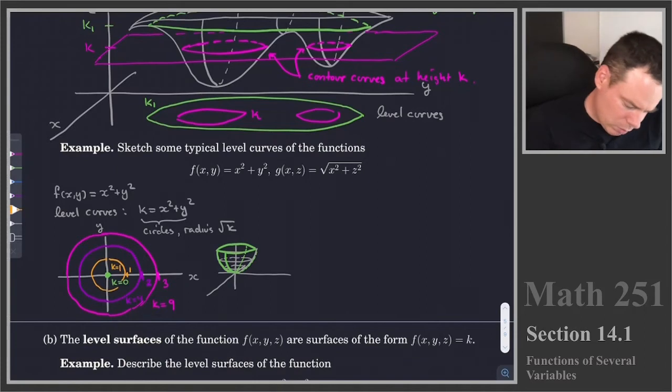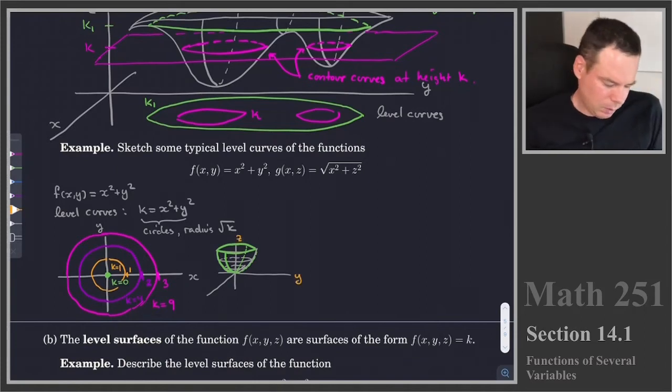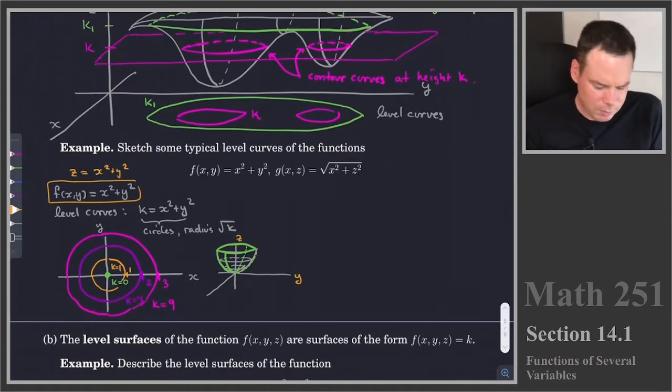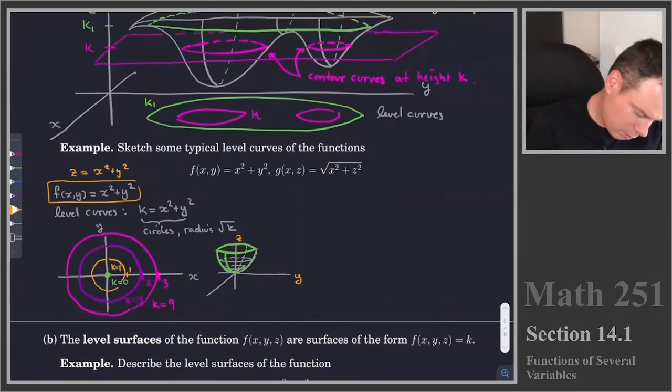Maybe how does it intersect the YZ plane? Well, if I look at my original function, this is really z is equal to x squared plus y squared. And I think, how does it intersect the YZ plane? That's when x is 0. That means this thing's got to intersect the YZ plane in the form of z equals y squared. So this is like a parabola, z equals y squared.